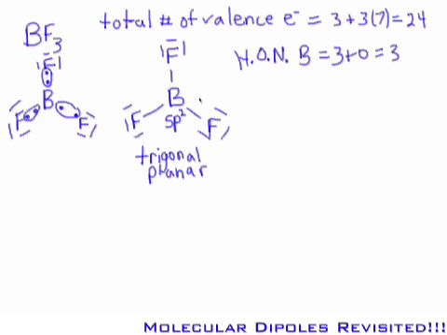A boron, a fluorine. Who's more electronegative? Fluorine's more electronegative. So the arrow points to fluorine. Now, let's look at another. Boron, fluorine. It's the exact same dipole. Same length, same strength, just pointing a different way. And this boron, fluorine is pointing that way. So what you have is a tug-of-war of vectors.